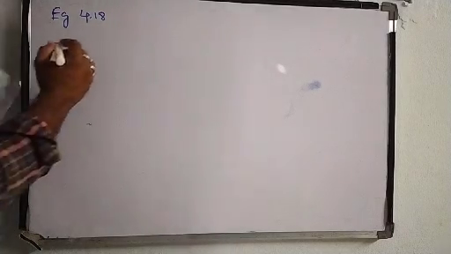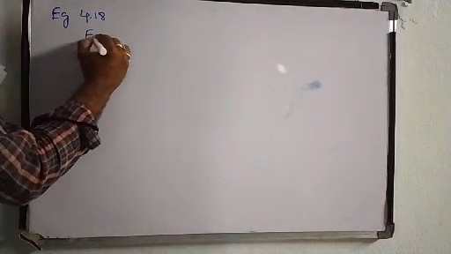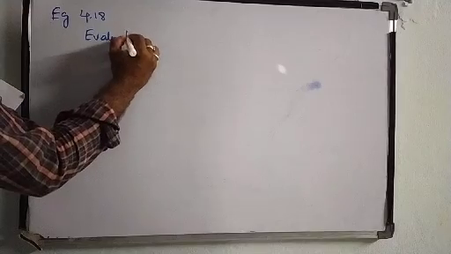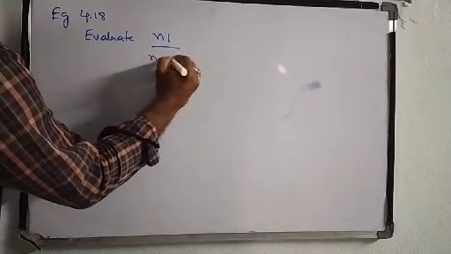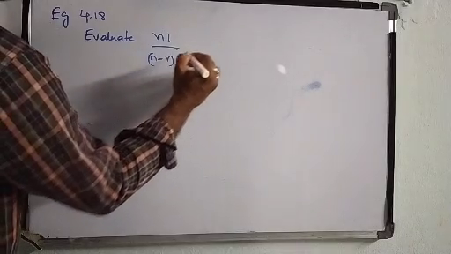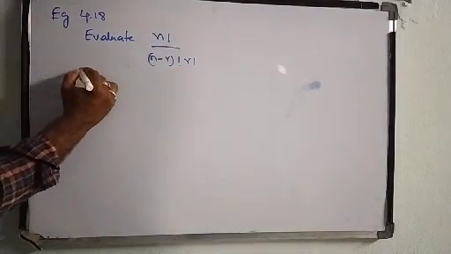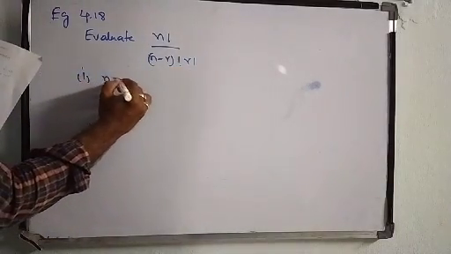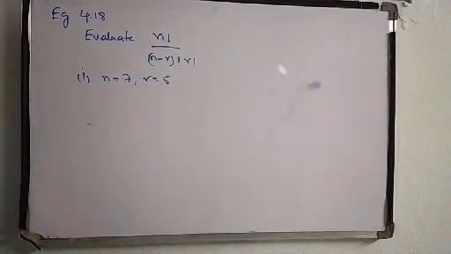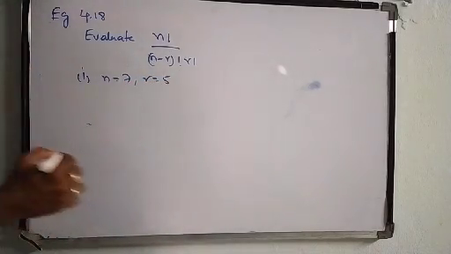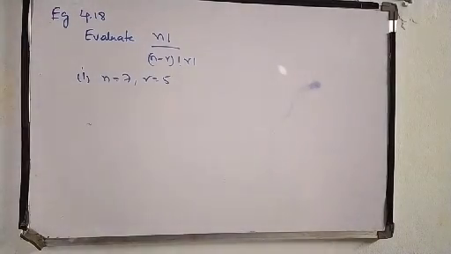In example 4.18, the question is: evaluate n factorial by n minus r factorial into r factorial. So we have 3 subdivisions. The first is when n is 7, r is 5. So let me solve this first subdivision.